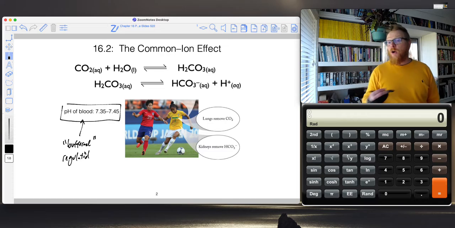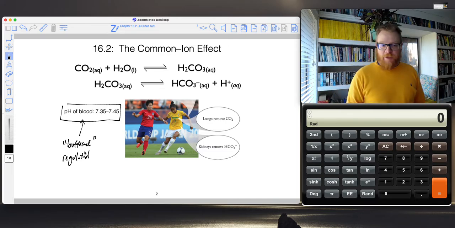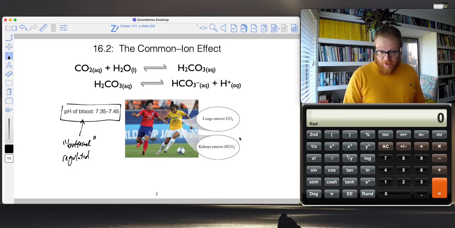Our biochemistry helps regulate the pH of our blood, and it does it via the following: lungs remove CO2 via exhalation, and kidneys remove bicarbonate through some rather complex chemistry that is beyond the scope of this course.